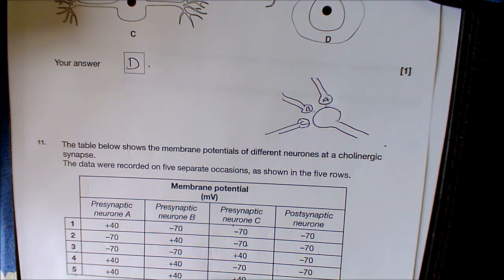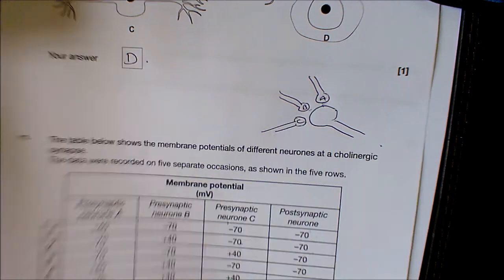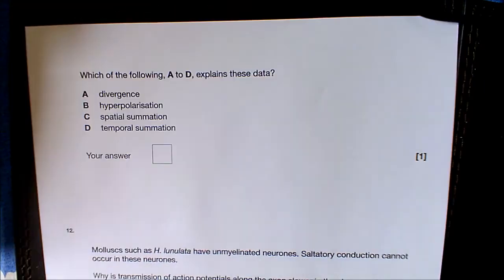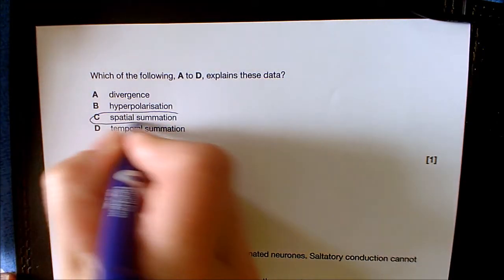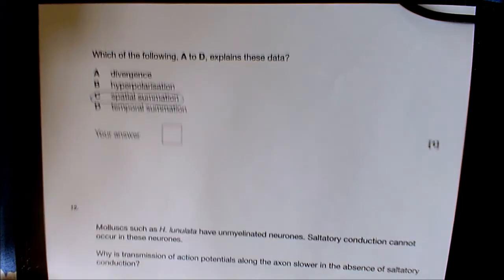Whereas if we don't have any depolarization in any of them, then we don't get an impulse. So this is going to be an example, therefore, of spatial summation, because we've got 3 neurons leading into the response in one, and if we get 1 or more of those original neurons stimulated, we will get that response.